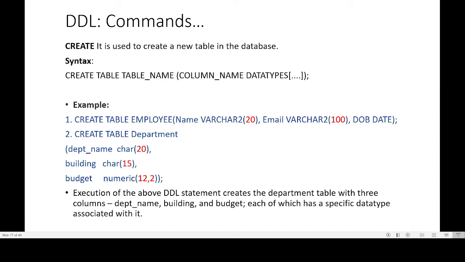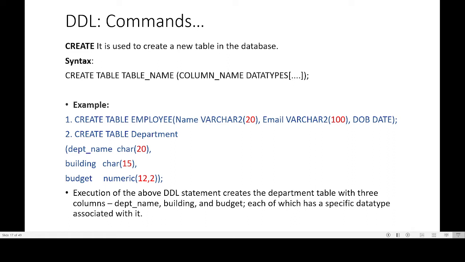Then, in the table, how many columns are there and what are the names of the columns, or attributes, or fields. We can define the column name and the data type for that particular column.